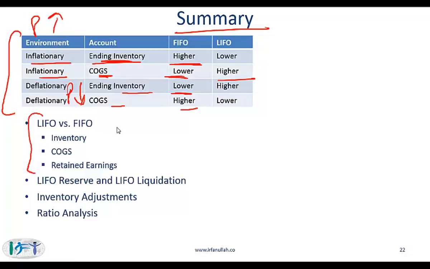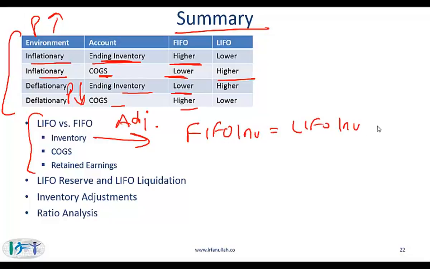LIFO versus FIFO, you need to know how to make the adjustments. So how do you make the inventory adjustment? You say FIFO inventory is equal to LIFO inventory plus the LIFO reserve. This is a balance sheet item, so we take the overall LIFO reserve. What about COGS?